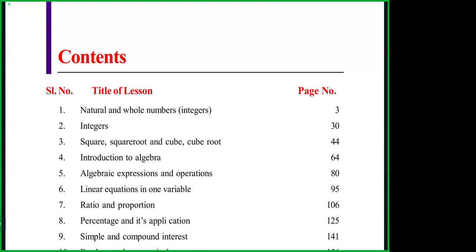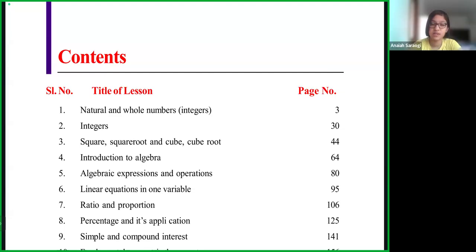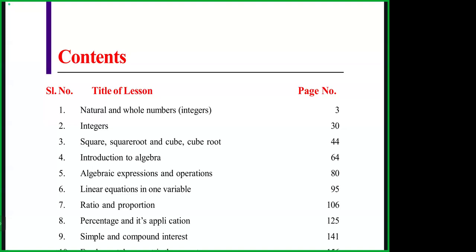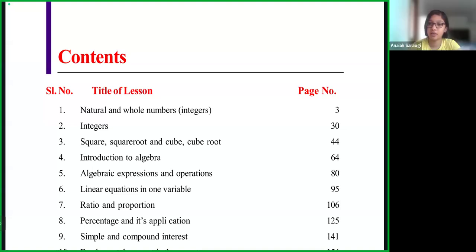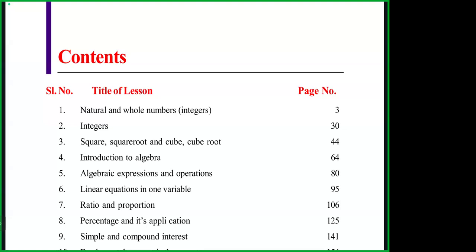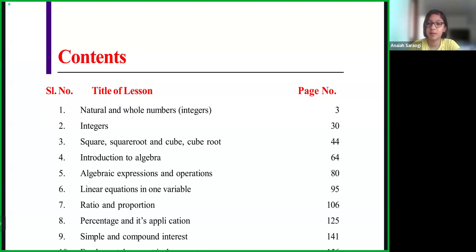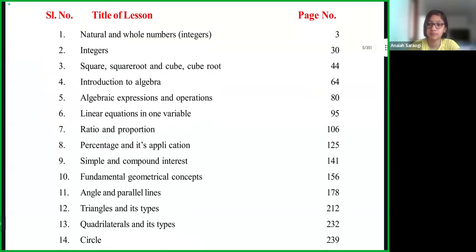Ma'am, I think I joined from 7 or 8, I'm not sure. Before the holidays, it was chapter 7, right, ma'am? Because I joined it for like 1 week before the holidays. So that was chapter 7, I think. Okay, yes. I think yours was the ratio and proportion chapter. Yes, ma'am, that's when you joined.